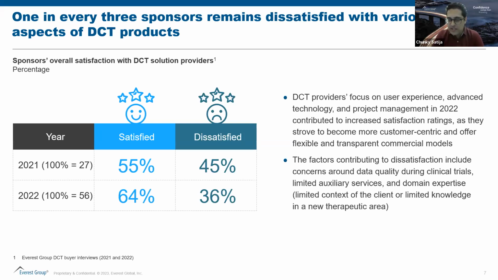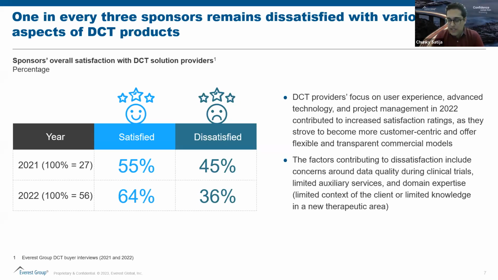The ones that were dissatisfied also cited a few common reasons. One was concerns around data quality. And again, Nisarg, you also mentioned this on the previous slide, right? That this is one of the things that we saw changing. So there's increased focus on data quality, and sponsors are looking at their DCT providers to help them with this.